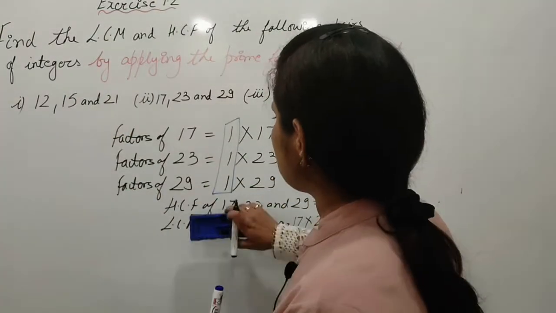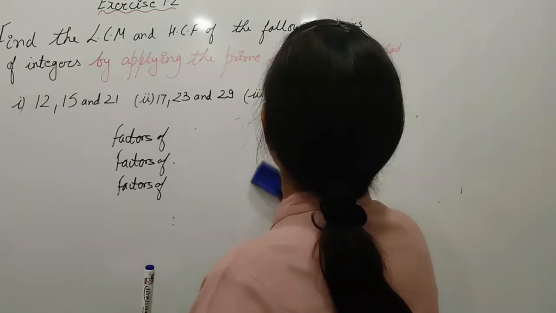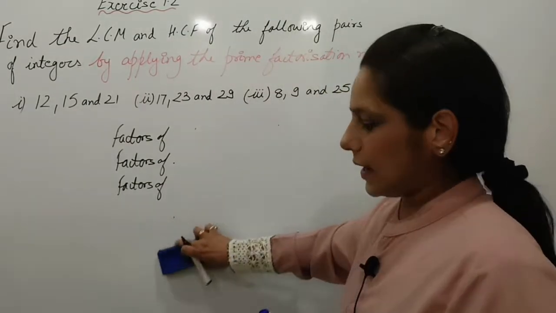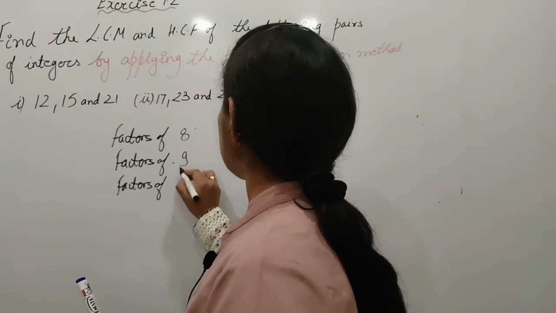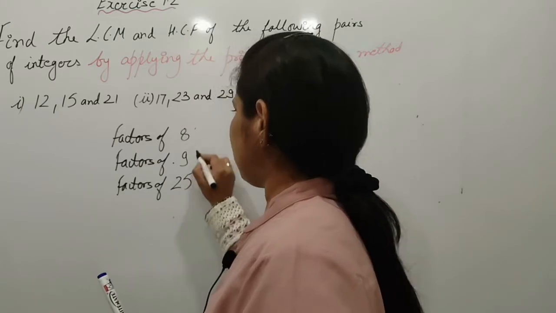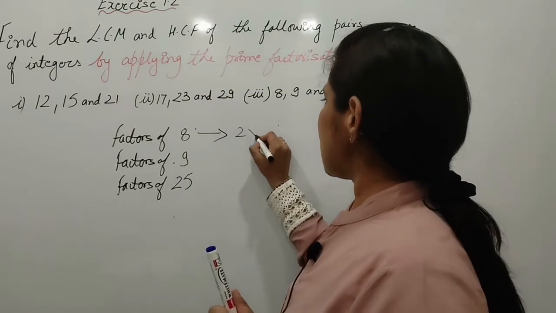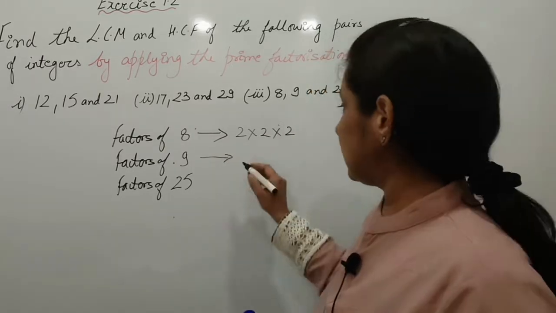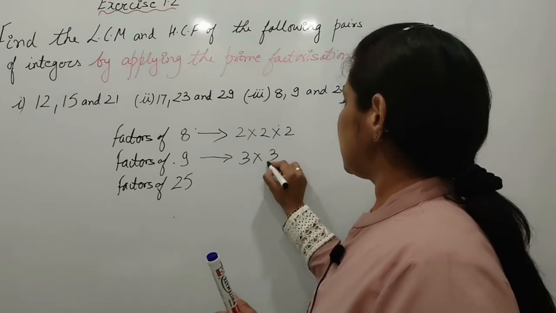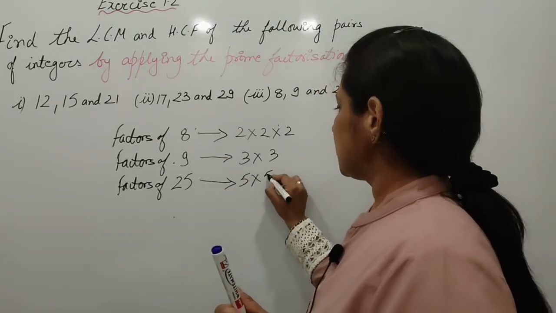And let me move to the third part. That will be 8, 9 and 25. So factors of 8, factors of 9 and factors of 25. I think this also we can do orally. The factors of 8 are 2 into 2 into 2. The factors of 9 are 3 into 3 and the factors of 25 are 5 into 5.